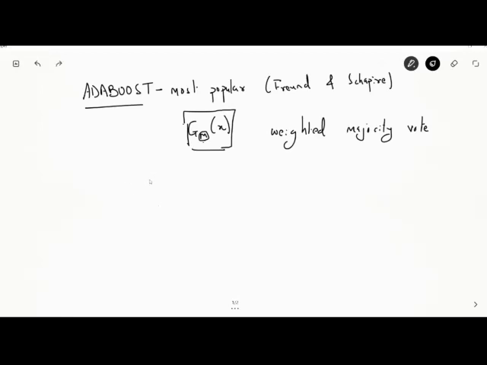The formula that we will be using for this whole concept is given by this expression.